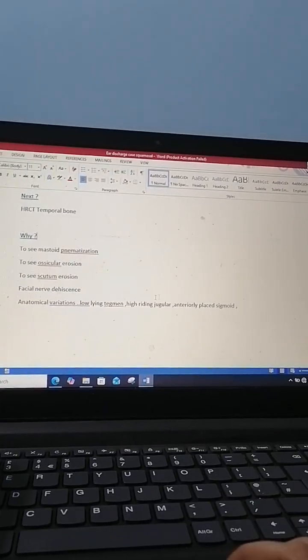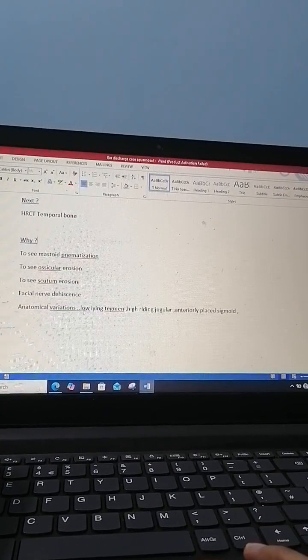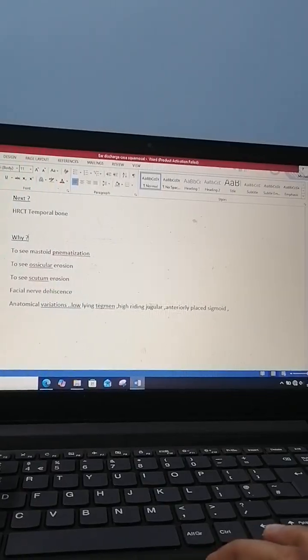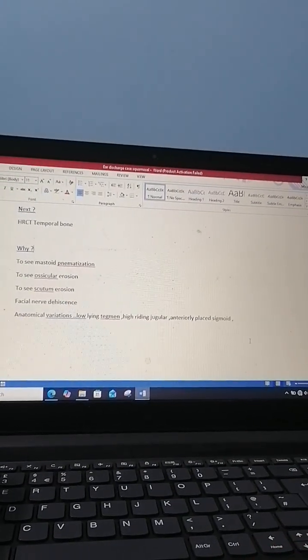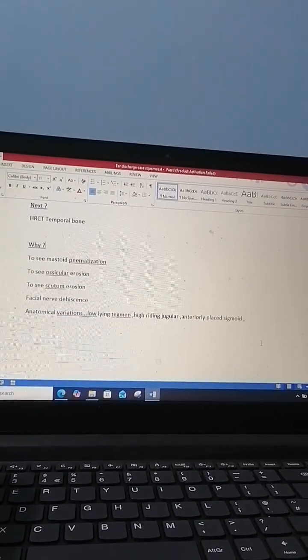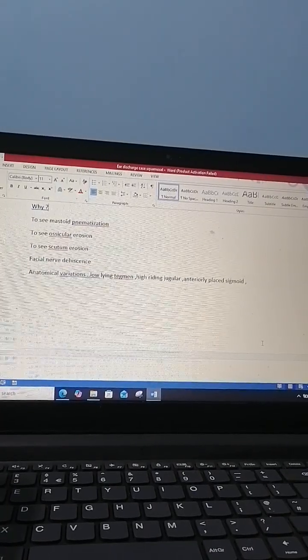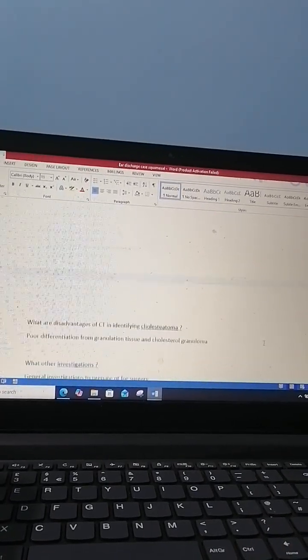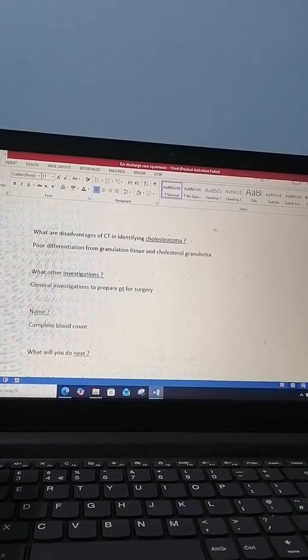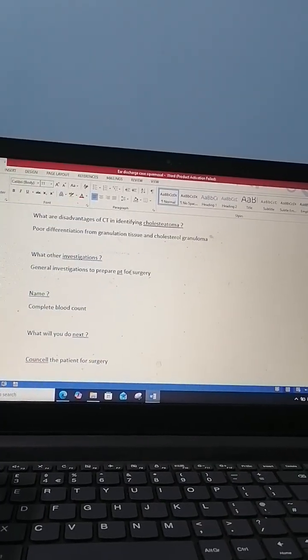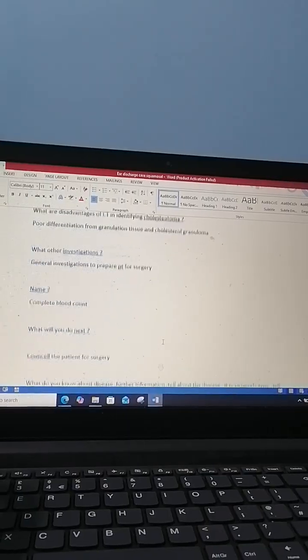This is very important because all these anatomical variations are very helpful during surgery. So what are the other general investigations to prepare the patient for surgery?